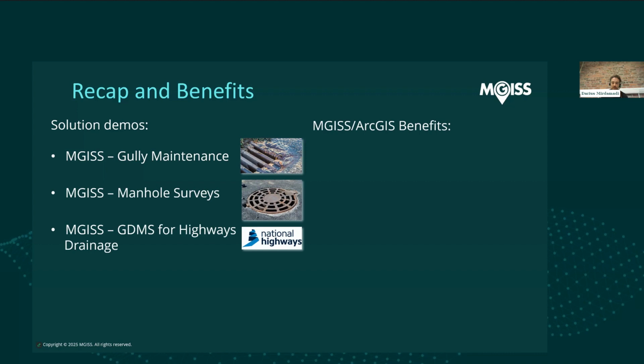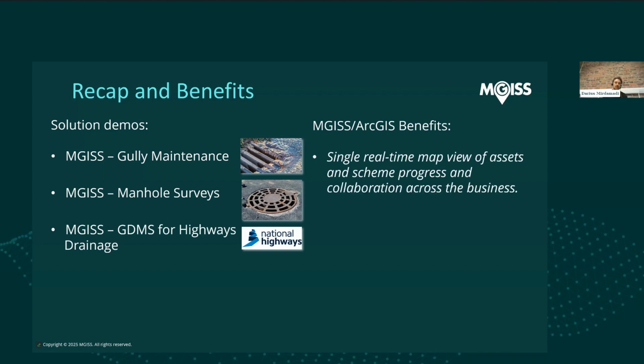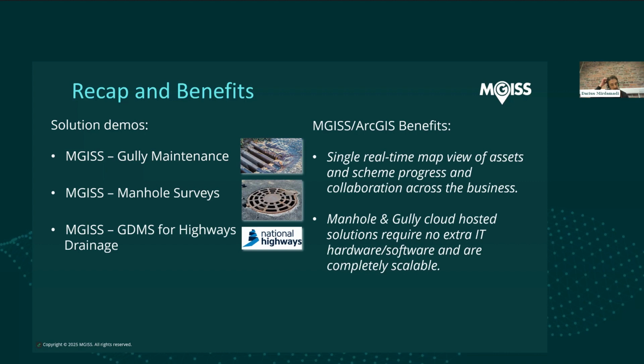So what benefits are we getting from these solutions? First of all, a single real-time map view of assets and scheme progress and collaboration across the business, which is a very, very powerful thing. Secondly, the manhole and gully solutions are cloud hosted, require no extra IT, hardware or software, and are completely scalable, so you can scale up and down to your heart's content.